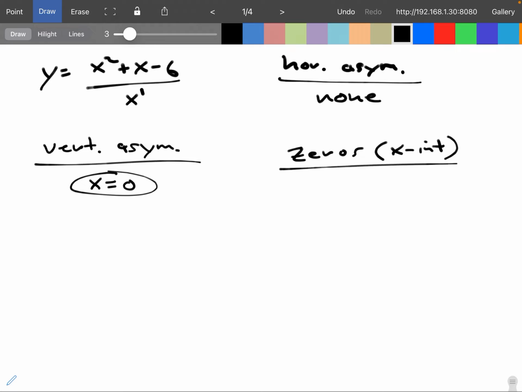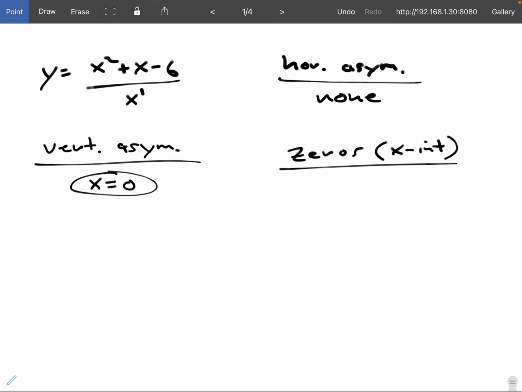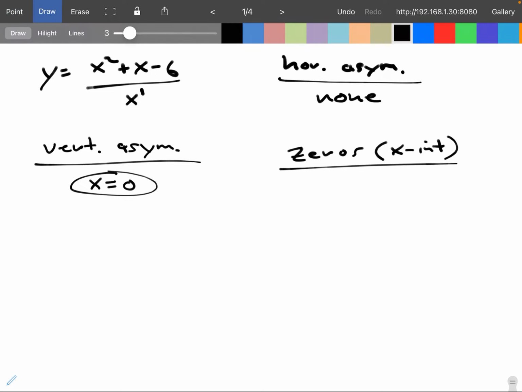Yeah, it's the top. Don't overcomplicate this. All you have to do to find the vertical asymptote is set the denominator equal to 0. And all you have to do to find the zeros or the x-intercepts is set the numerator equal to 0. That's all. So we're going to set the numerator equal to 0.